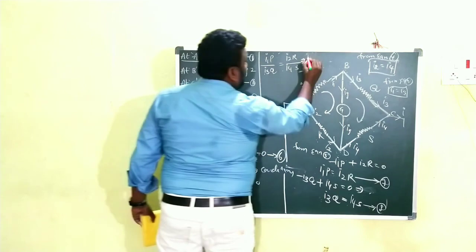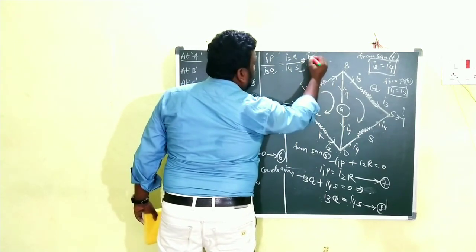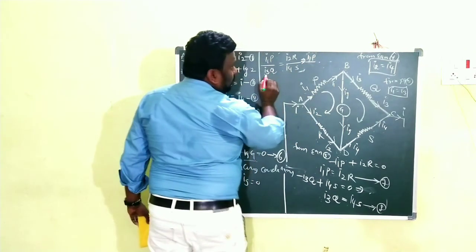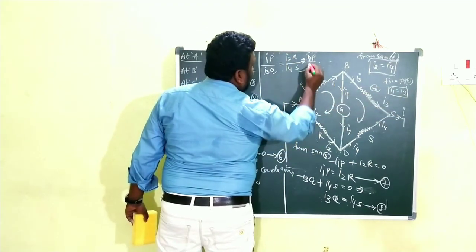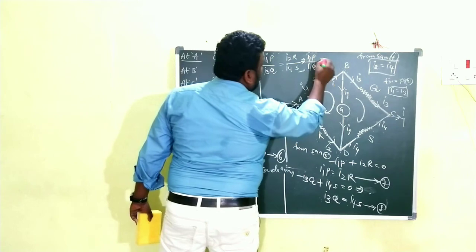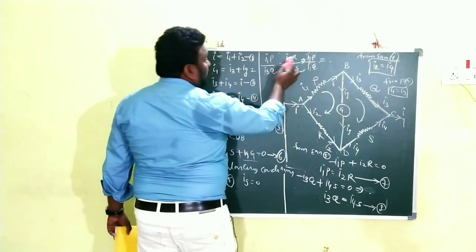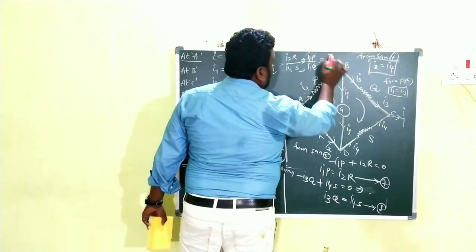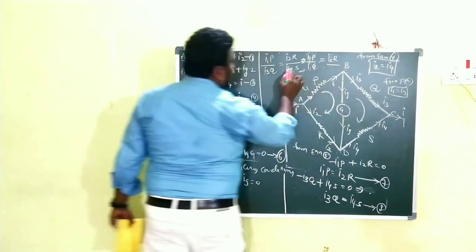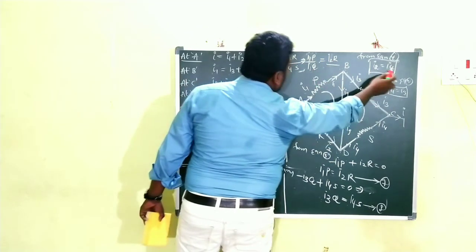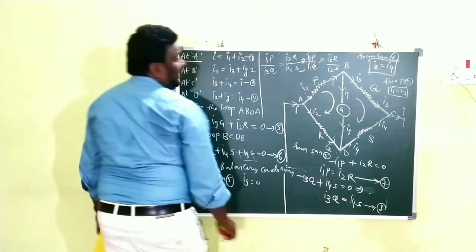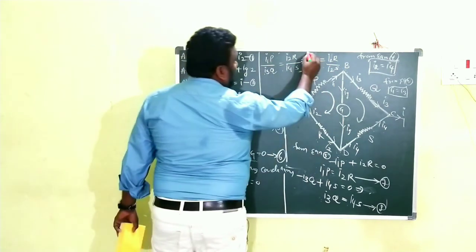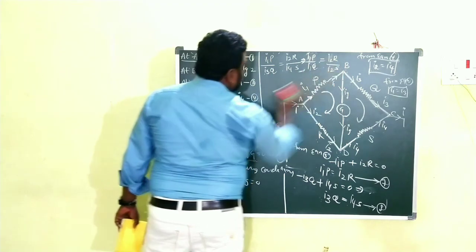I1P by I3Q: I1 is equal to I3, that's why here I am writing I1Q. That is equal to I2R by I4S: I2 is equal to I4, that's why here I am writing I2S. Then what do you get, children? I1 cancels, I2 cancels. What do you get?